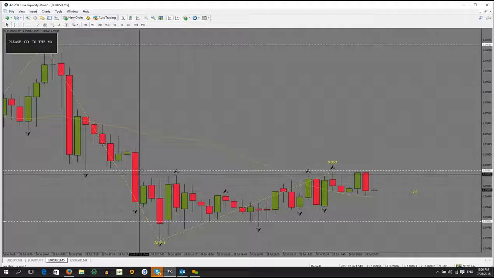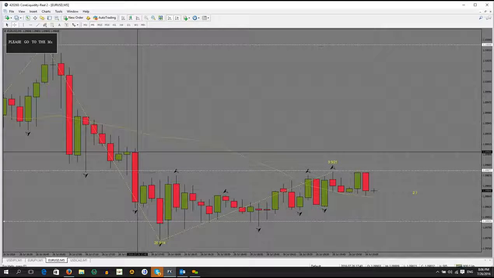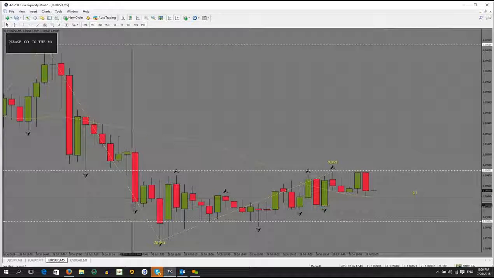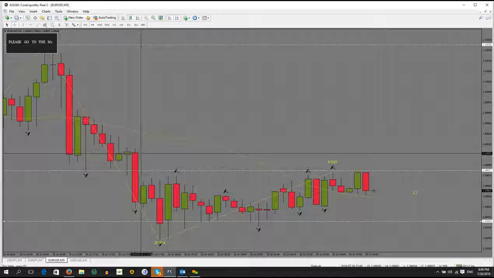Every time a level of support or a level of resistance is broken, it needs a lot of power from the market. To have that power, they have to have a lot of buyers or a lot of sellers for that level to be broken.